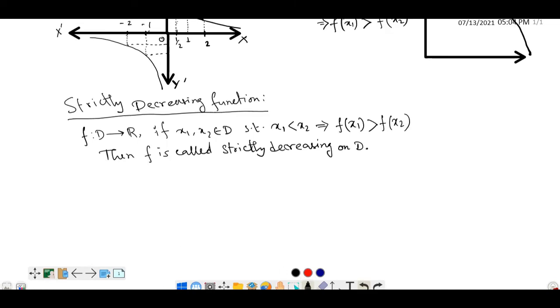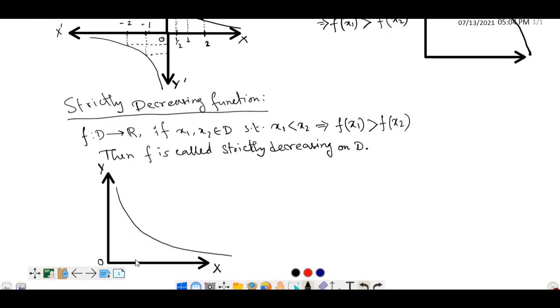Now, clearly, what we took earlier was an example of a strictly decreasing function, because 1 by x will never become equal to the previous value, though the graph is not a proper one. Let me draw it as well as I can. So this is x, this is the origin, this is y. You see here, for no two points will you get f of x1 equal to f of x2.